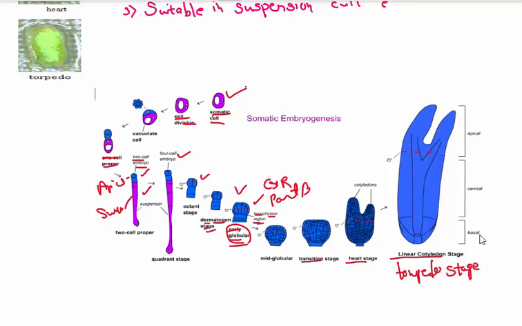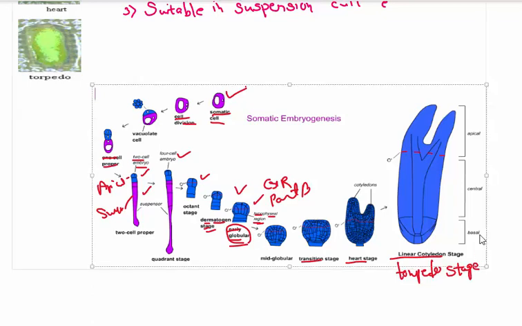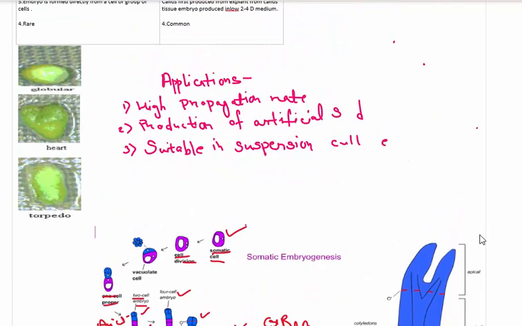Linear cotyledon stage. Okay. So you can see this one, the first is the globular, this is the globular stage, then the heart stage, then the torpedo stage.